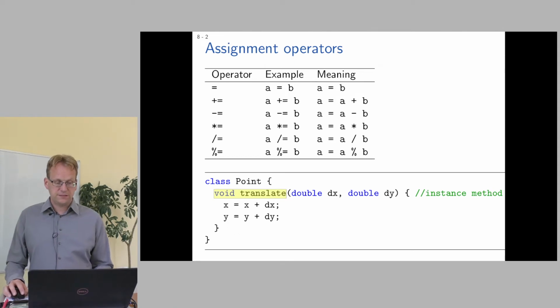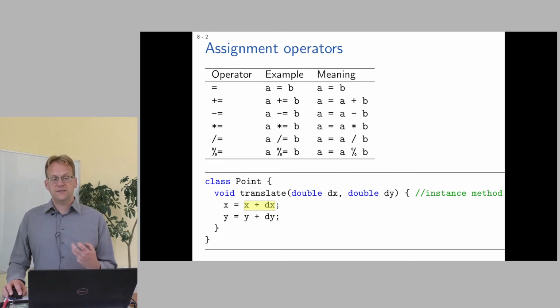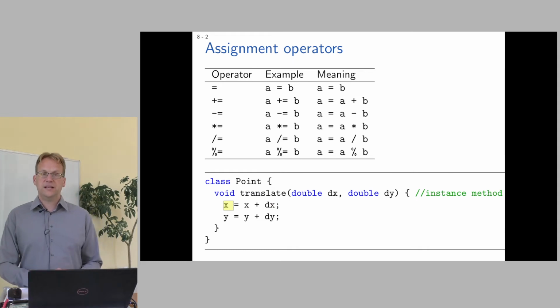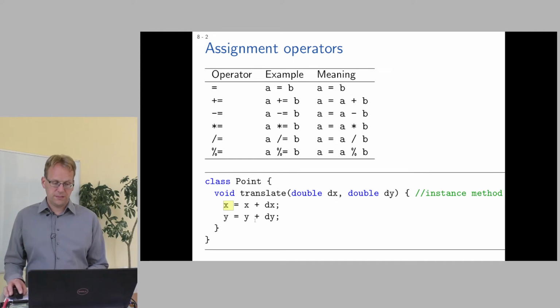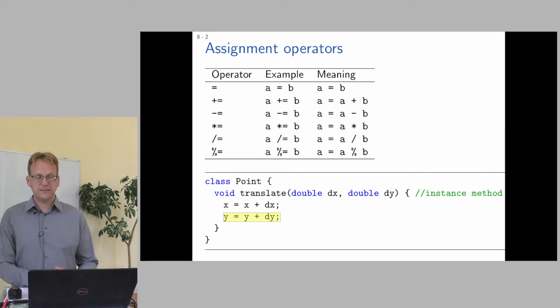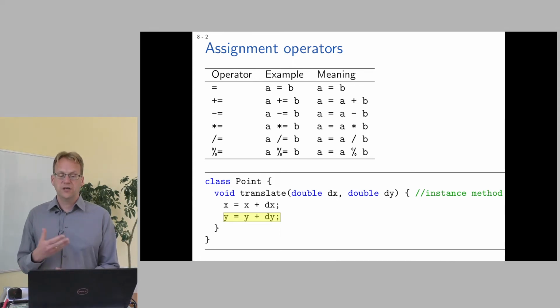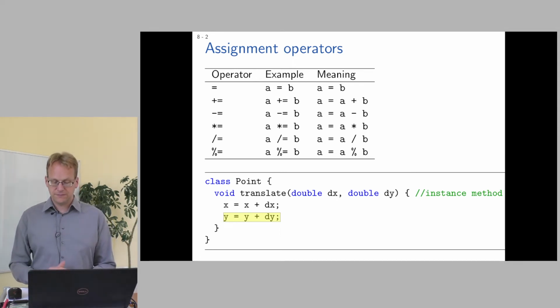And what we do then is just that we read the current value in this variable x and we add this dx to it to move our point, and the result of this sum is then assigned to this variable x, becoming the new x coordinate of the point. And the same I'm doing here with the y coordinate. So that is how to translate a point using an instance method.